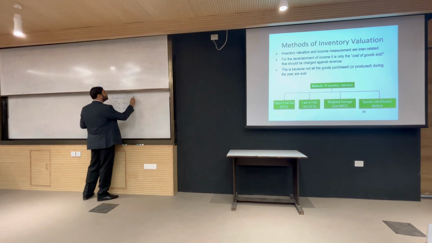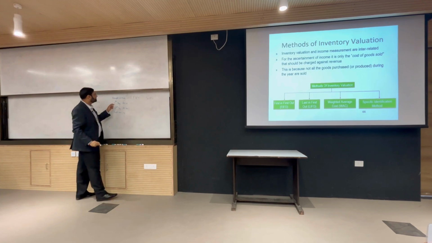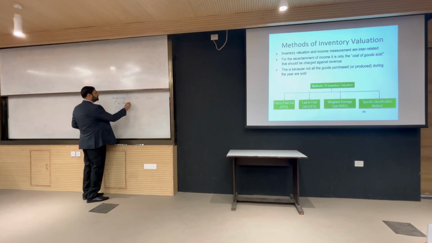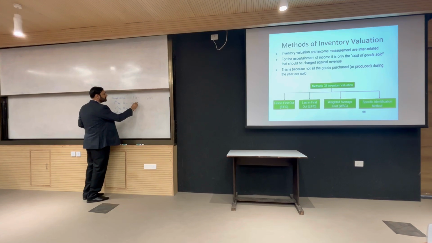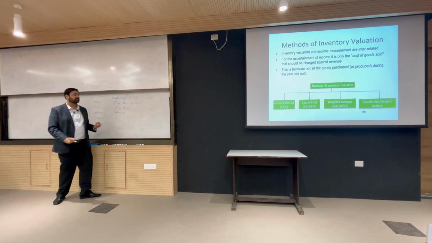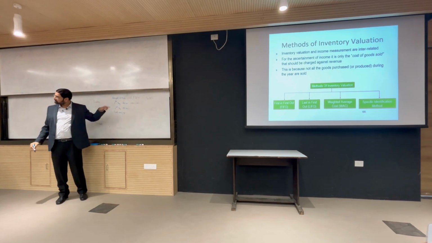So in FIFO, first jug 10 rupees, this is what we sold, right? And the first in, first out. So it means cost of goods sold is how much? 10 rupees.